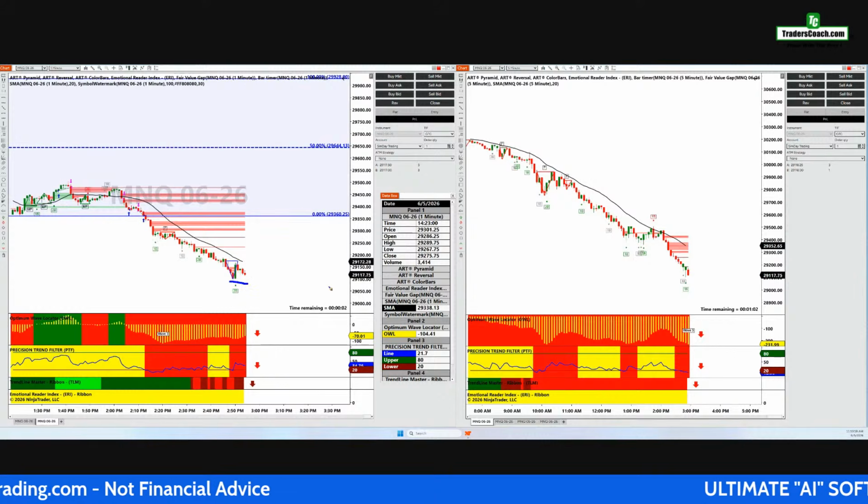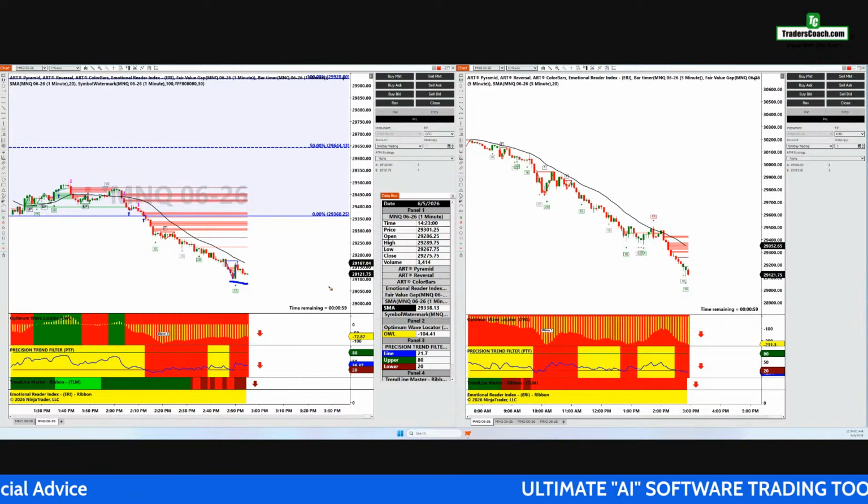Prices have got to go below it again before the stops can be moved.